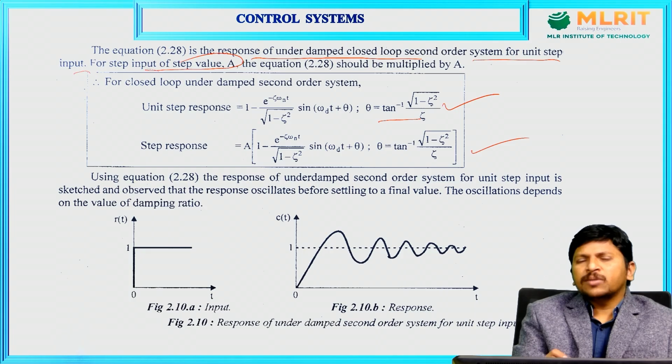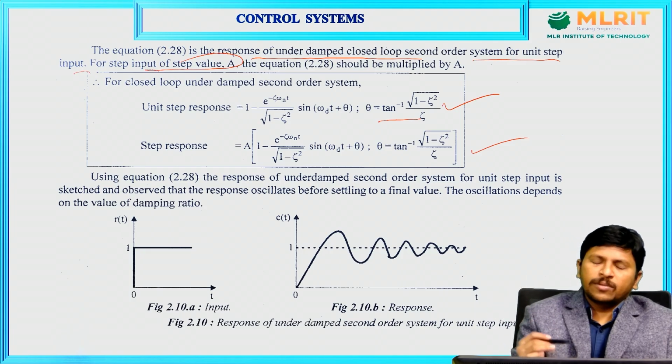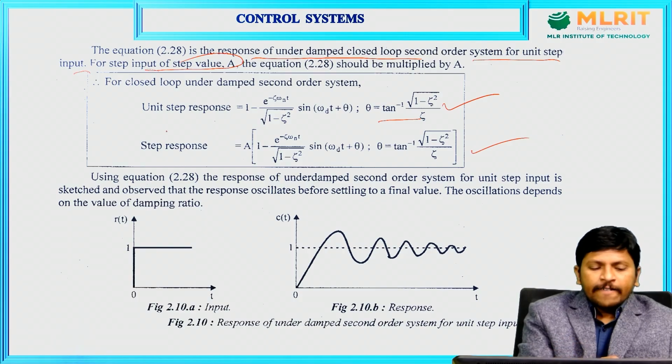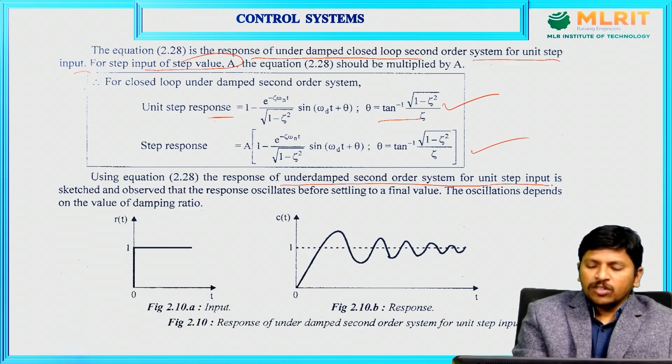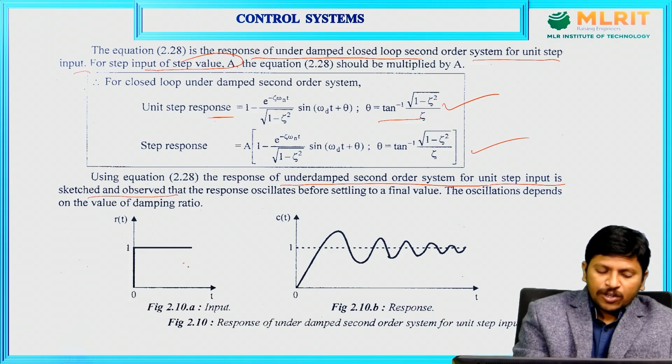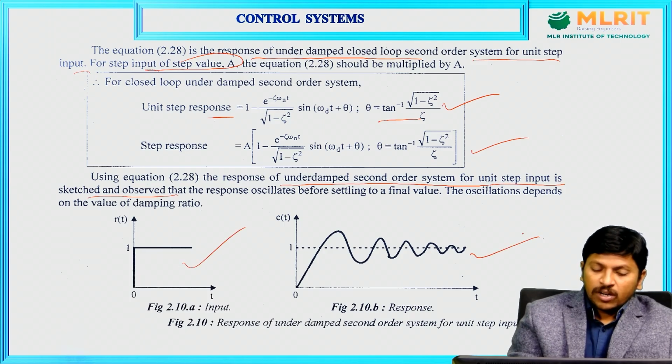The time domain specifications are also very important, and we will explain them in the coming classes. Here the unit step response is this one. Just observe the graph for the underdamped second order system for unit step input. This is our output.